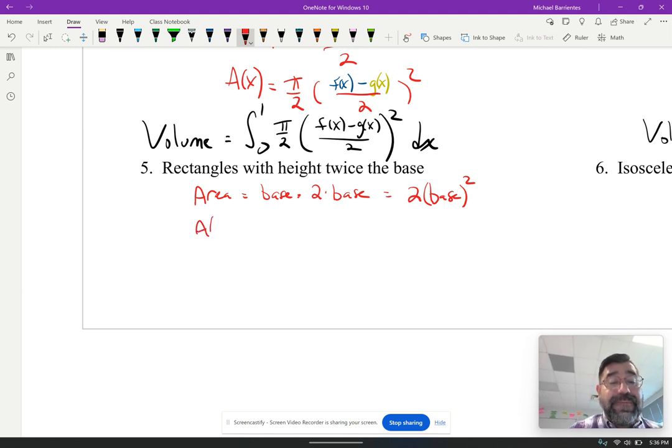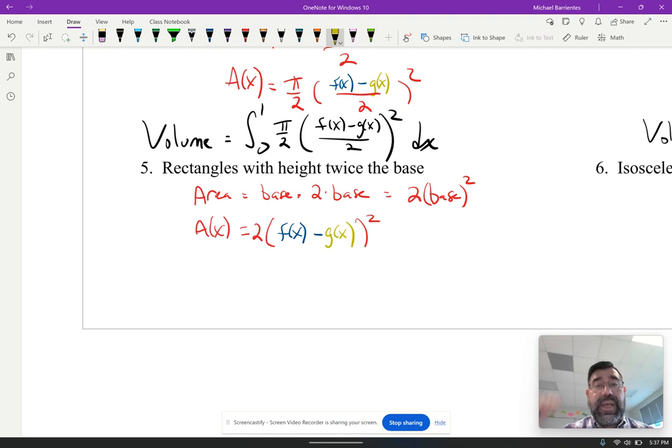So therefore, my area function is, let's put the 2 in the front here, 2 times (f of x minus g of x) squared. F of x is top, g of x is bottom. When you subtract f of x minus g of x, that gives you that length, which is the base of my rectangle. But I'm going to square it and then double it.